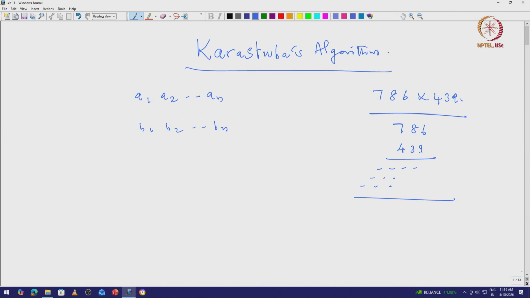You could have kept the zeros and written in an aligned way, but that is not necessary because adding zeros gives the same number. So you are going to generate in this way n square digit multiplications and n square additions. Individually you have to multiply the digits and the results are to be added. So n square is the labor for that.